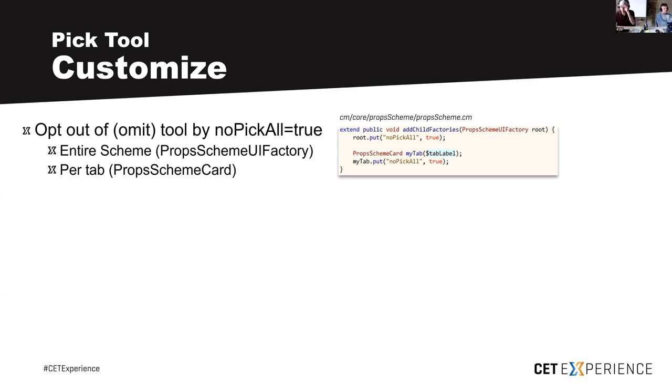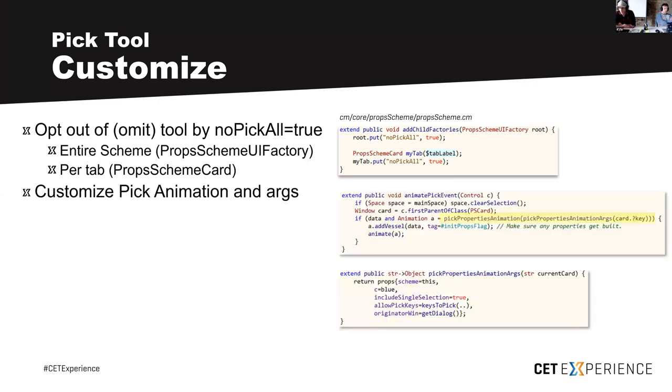So if you, for whatever reason, want to get rid of that, you can do that. Again, there's a lot of ways you can customize it. All the methods on the right are under PropScheme.cm. You could override all of these, but I'm just showing you the default behavior here. When the eyedropper button is selected, you'll get a call to that animate pick event, which, as highlighted, by default creates the pick properties animation and passes in the pick properties animation args.